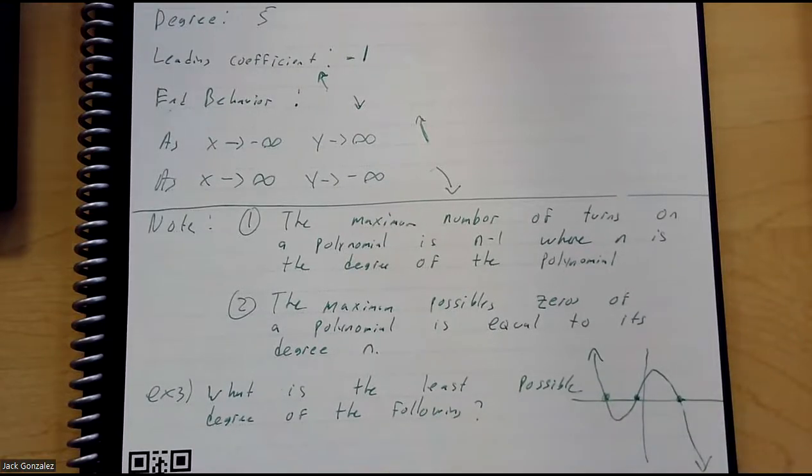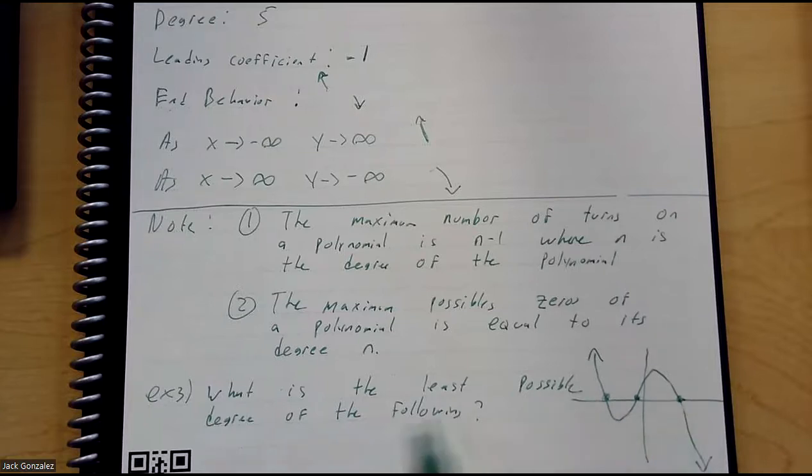We also said that the maximum possible zeros is equal to the degree. So that also points to degree 3, right? You see the zeros? Does that make sense?